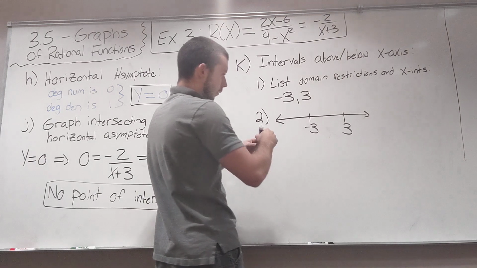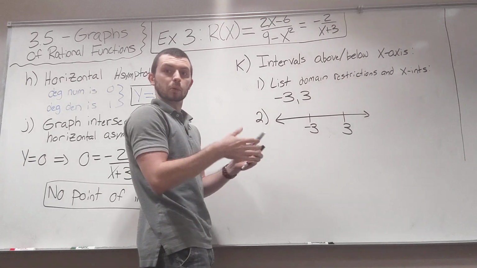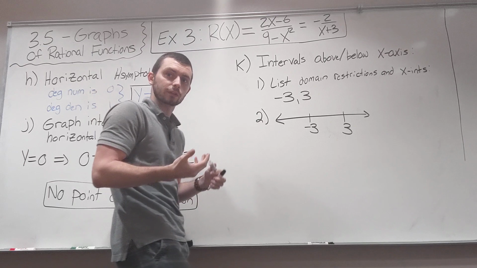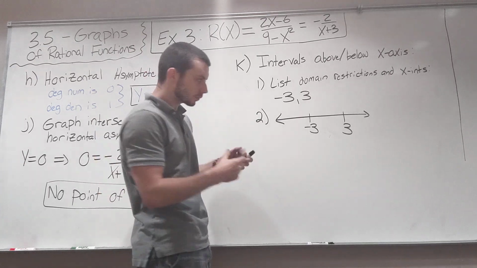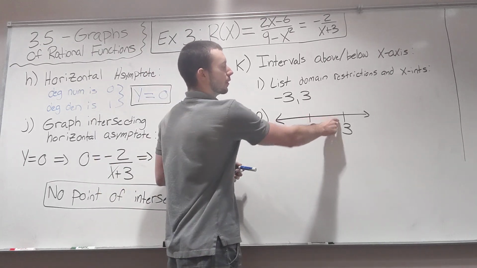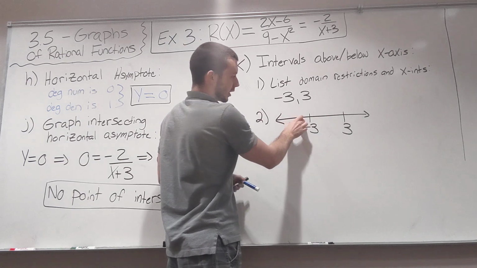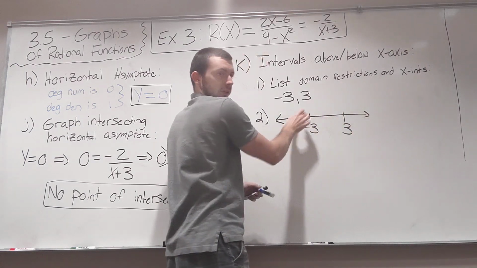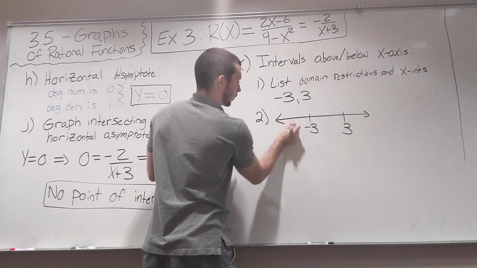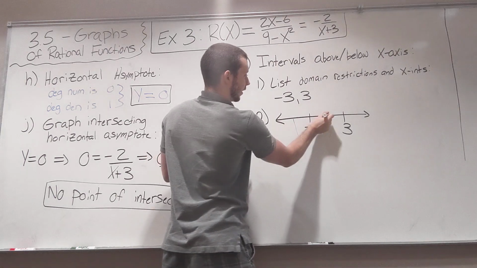As I mentioned, I'm going to do the former way, which means I have to pick test points from each segment. When I plotted these two, we came up with three segments here. Each segment, we're going to pick a test point from.